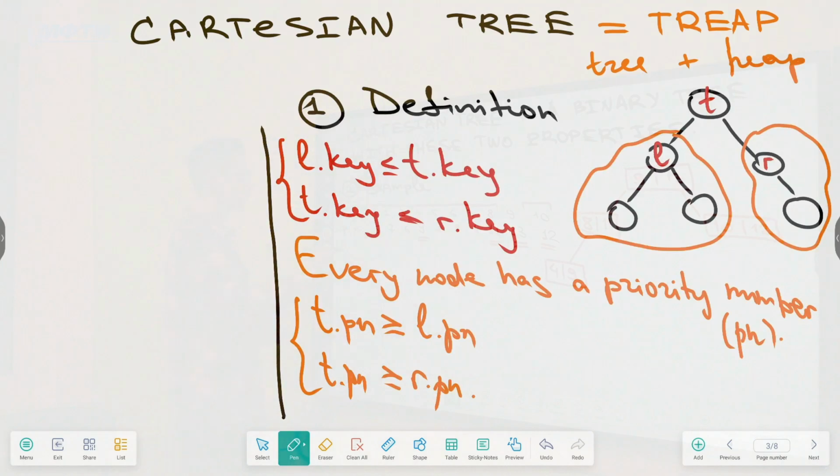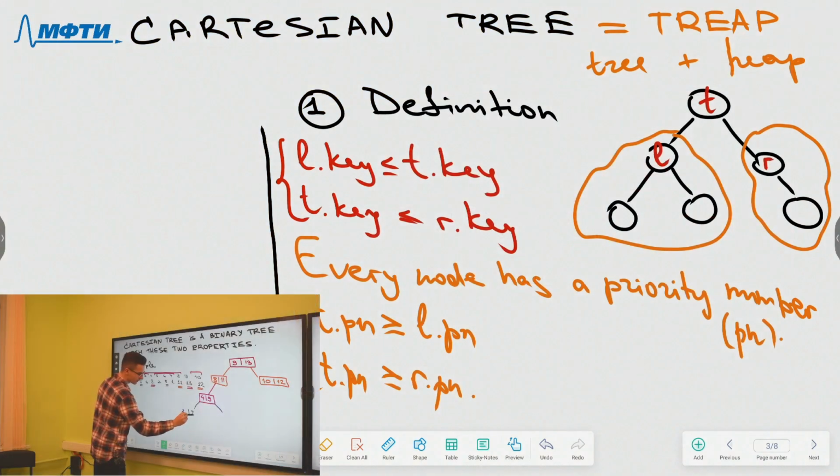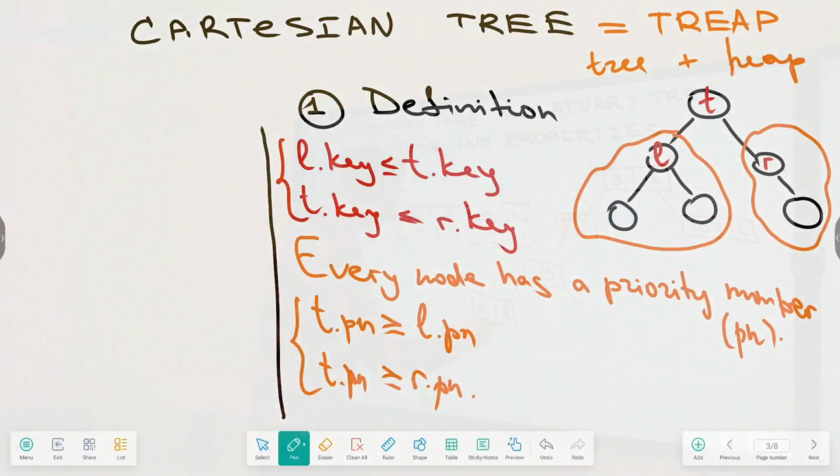Then it splits into two subtrees. I find the maximum in each subtree. It is 7 and 8. So I write here 7, and here 6, 8.